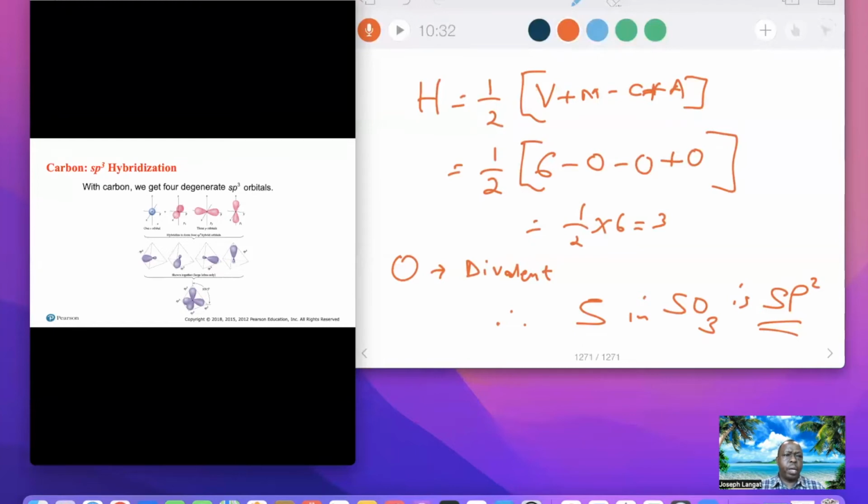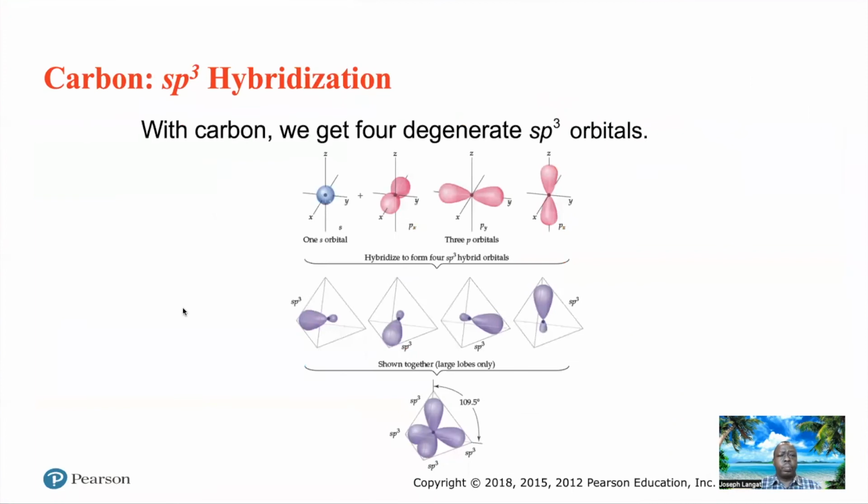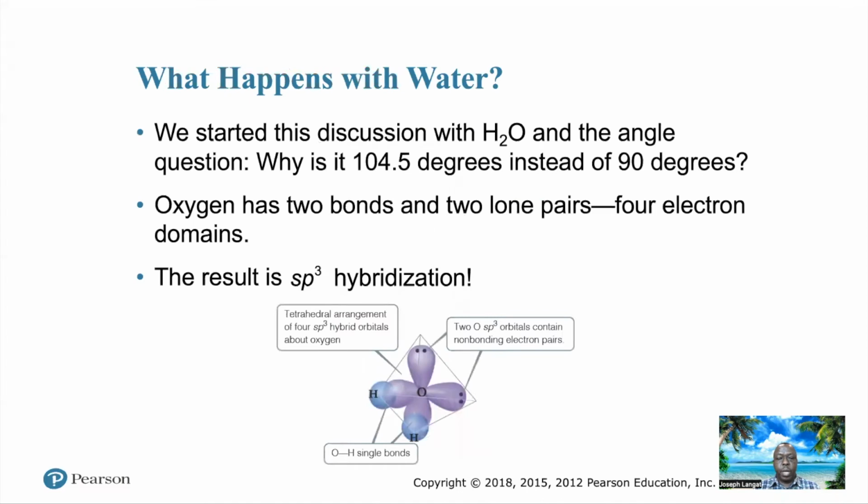For carbon in methane CH4, with carbon at the center, it is sp3 hybridized. It means we are hybridizing 3 p orbitals and an s, a total of 4, and we end up with 4 hybrid orbitals: 1, 2, 3, 4, for sp3 hybridization.